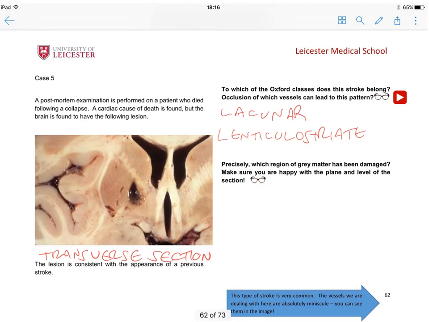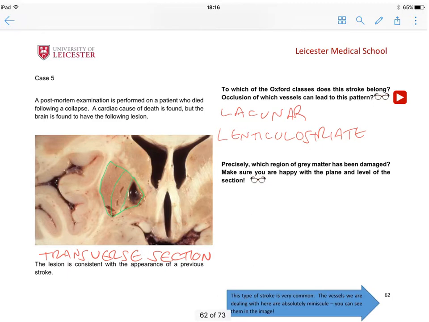And then we're asked which part of the grey matter has been damaged. Now, if we just draw around the gross area of grey matter that's been damaged, it's this triangular region here, and that triangular region, you should know, is called the lentiform nucleus. The lentiform nucleus is in fact composed of three distinct structures. So we have one boundary here, and another boundary about here.